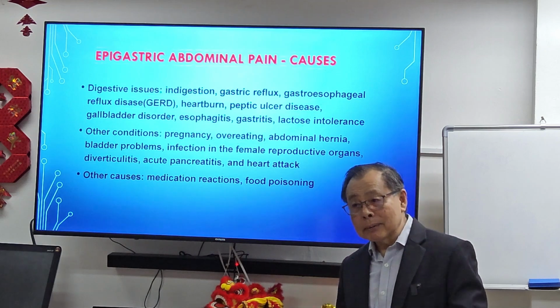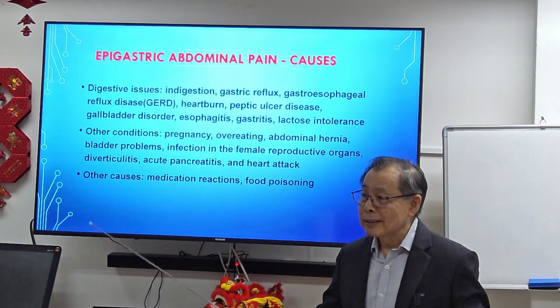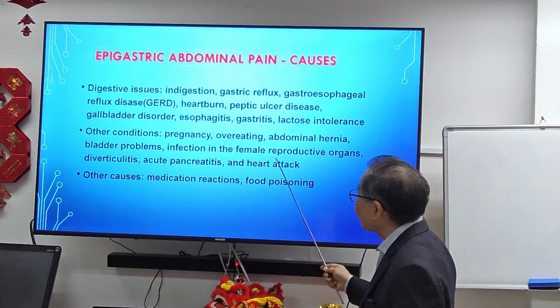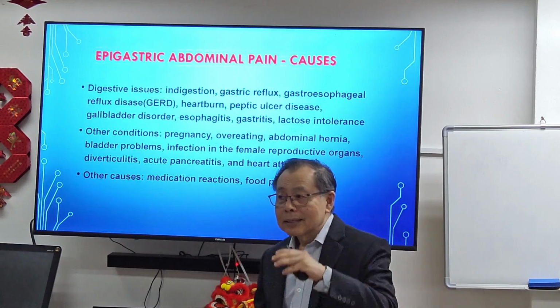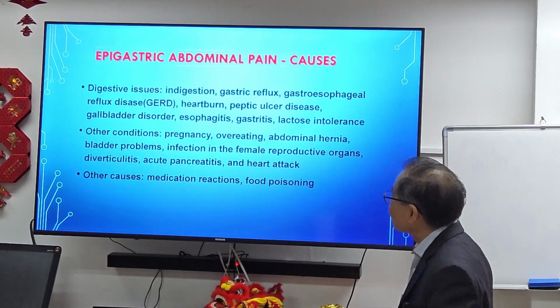And then eventually he collapsed. And they found that he had a heart attack. But it was too late, he died. So the heart and the stomach are very related. You can have pain in one and the cause is in the other area. So this is a good example.